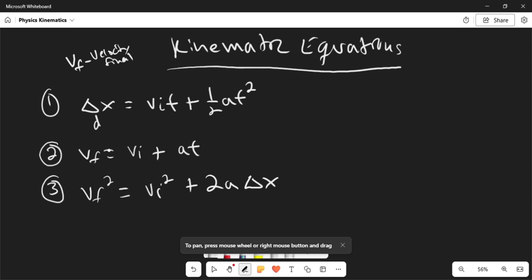You would use it to find any of these values here, but especially if you're trying to find velocity final but you don't have the time, you would want to use this equation because it has the change in x.